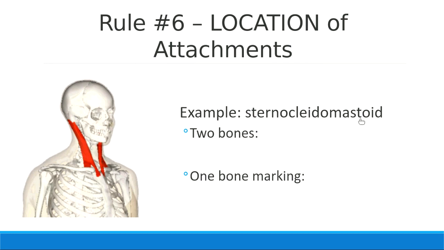This mastoid part is actually a bone marking for us. Remember that we have a bone marking called the mastoid process. Does anyone happen to know, let's see if any of us remember yet, what bone in the skull is the mastoid process attached to?